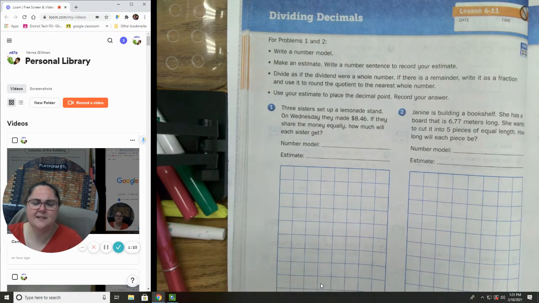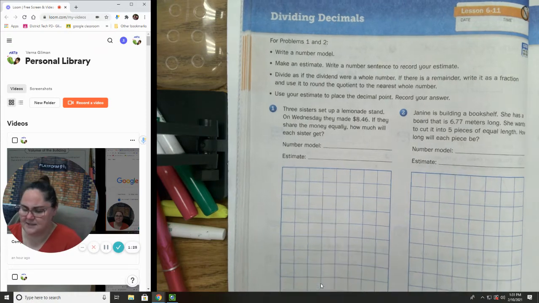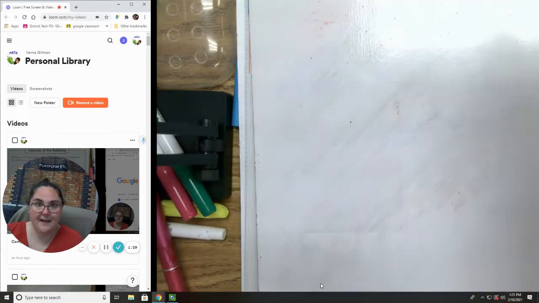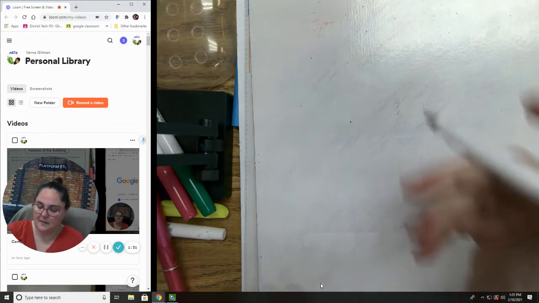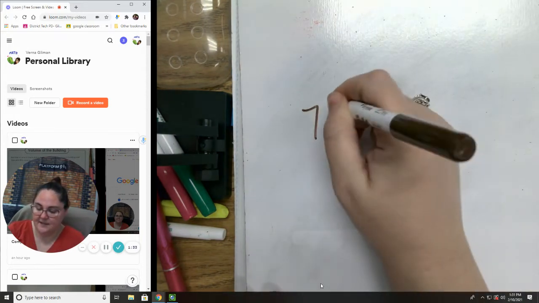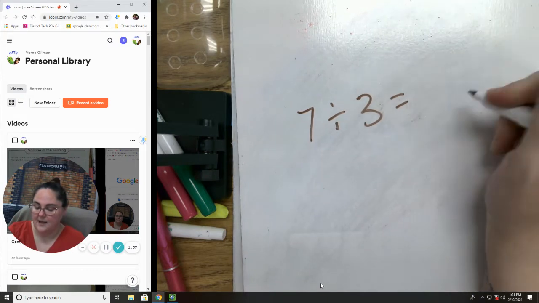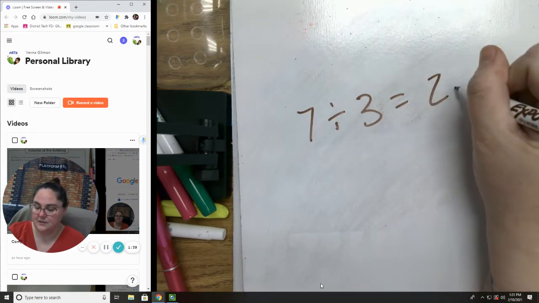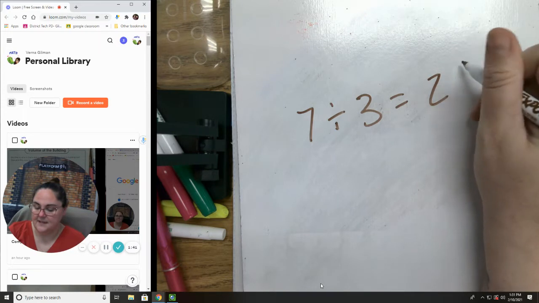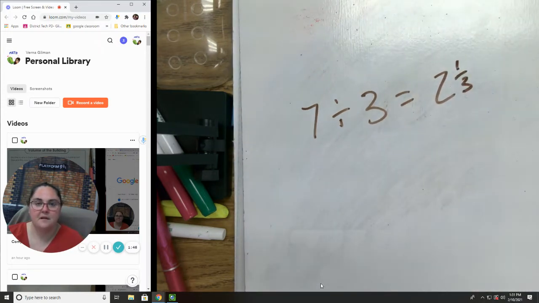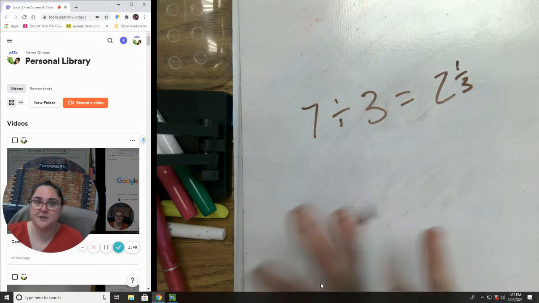Before we do anything else, let's talk about the pieces of a division problem. So if I'm dividing a number, let's say it's 7 divided by 3 equals 2, and that's 1/3 left over, 2 1/3. Here's my division problem. You have names for each of these things.